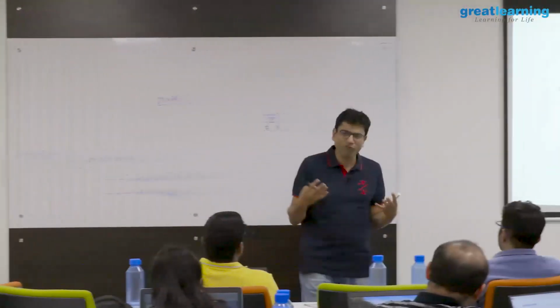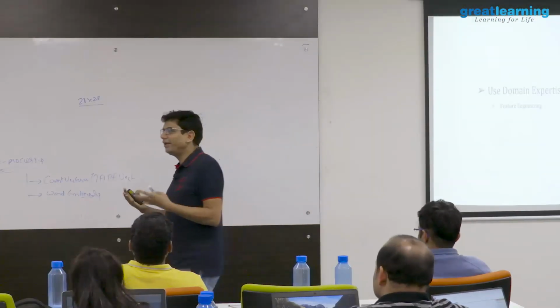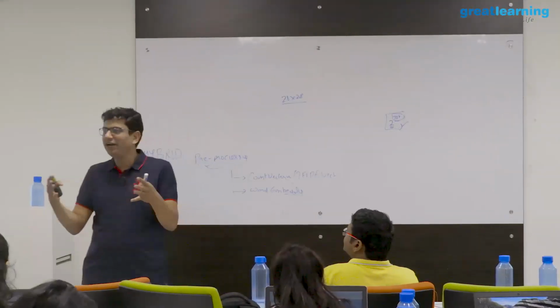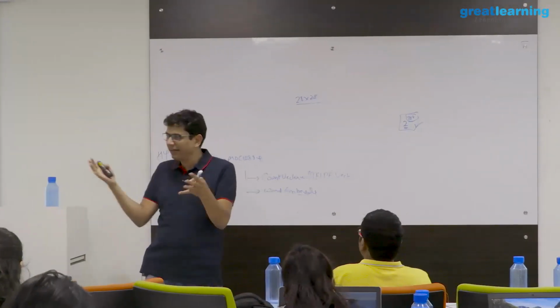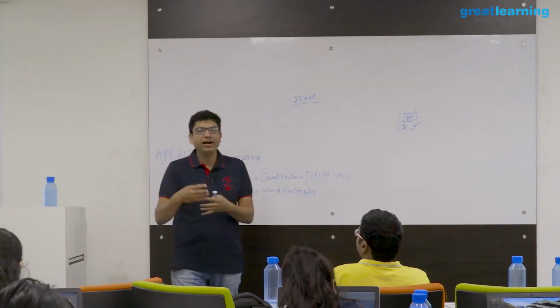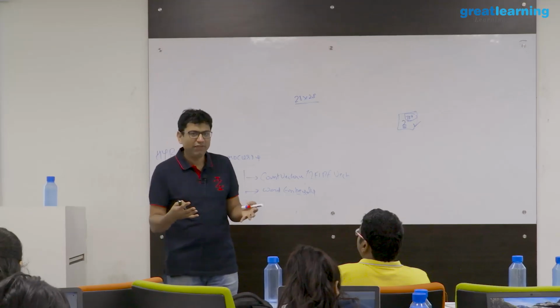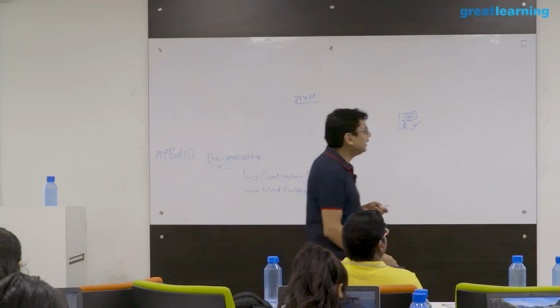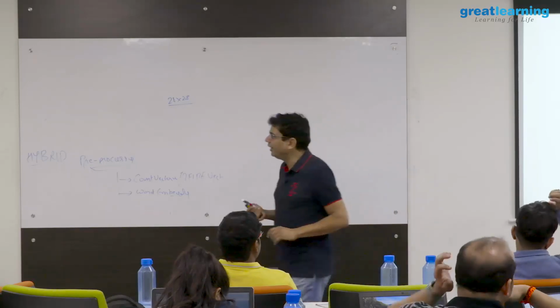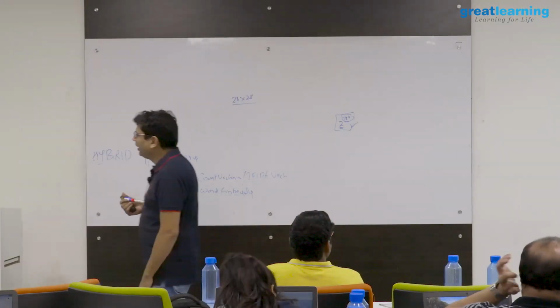For example, I don't know finance, so I can ask a finance person, can you tell me if there are any redundant columns here that I can throw away? Or can I combine the columns to reduce my dimensions? That's one way. Another is we can reduce the dimensionality of the data using some algorithm.